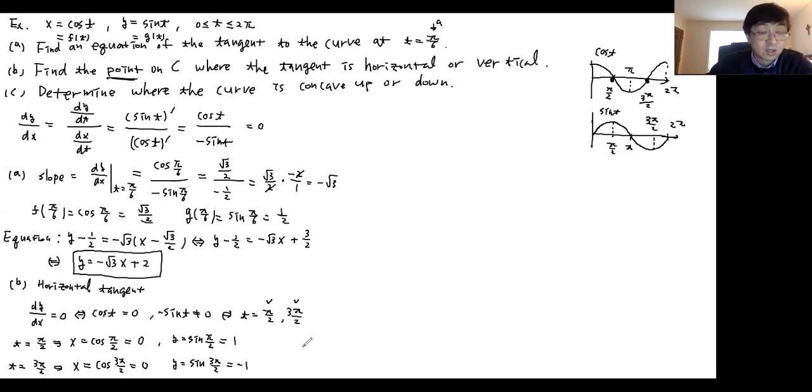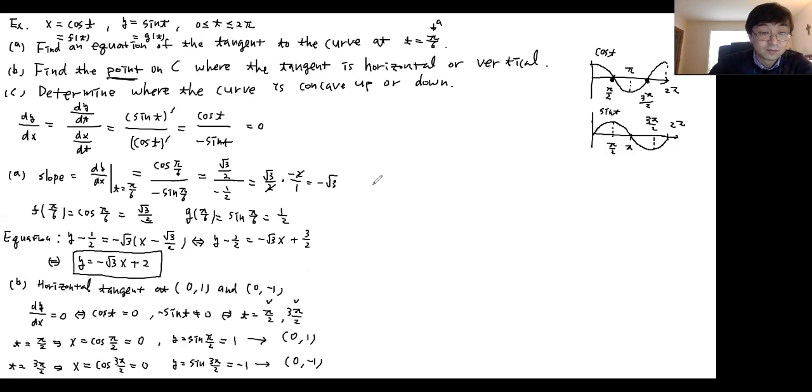Yes, negative 1. So we have two points. From the first case, x component 0, y component 1. The second case, x component 0, y component minus 1. So we have horizontal tangent lines at two points, (0, 1) and (0, minus 1). So we have this answer.